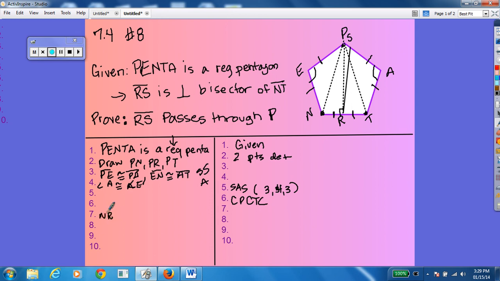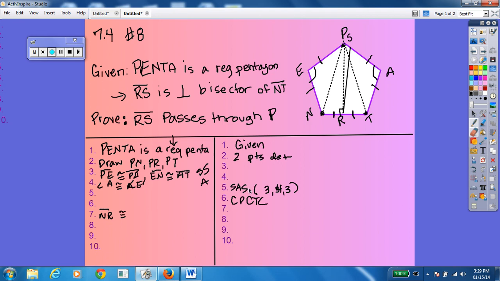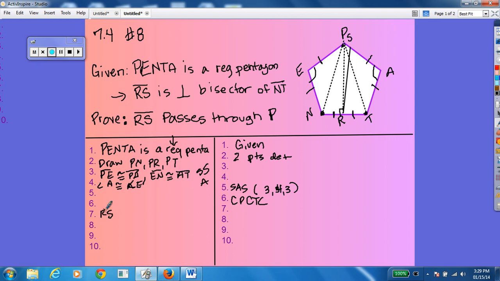NR is congruent. Oh no, we can't say that because we have to say our perpendicular bisector. So we're going to go get RS is the perpendicular bisector of NT. We do need to state that, so there's a given.